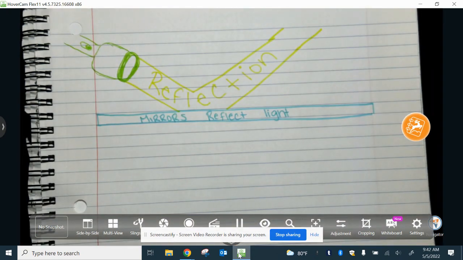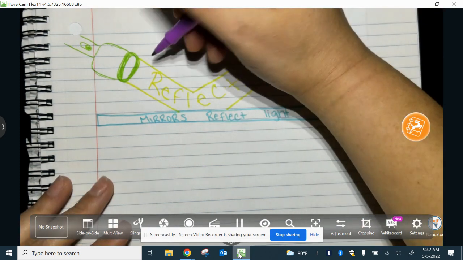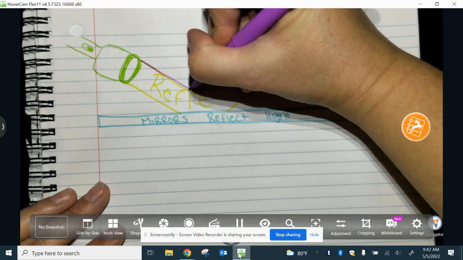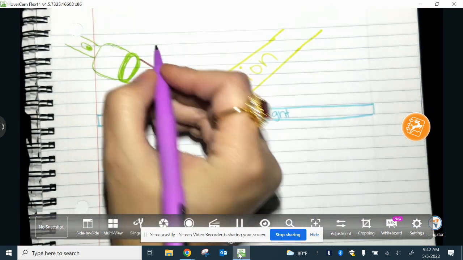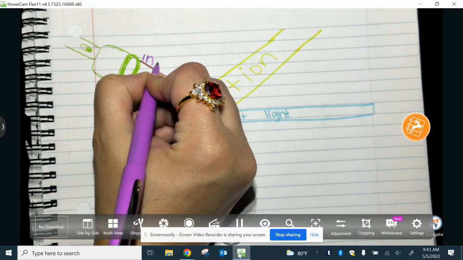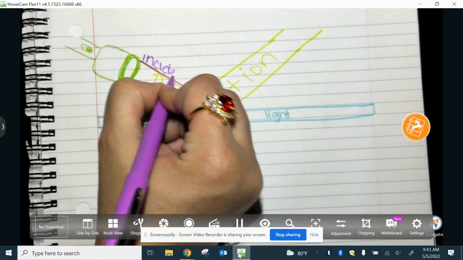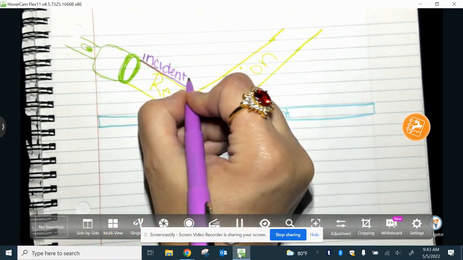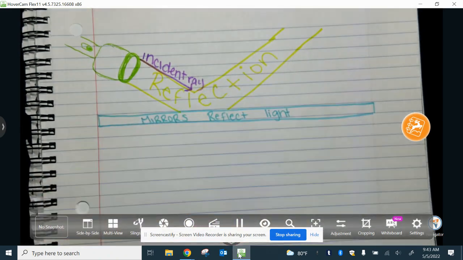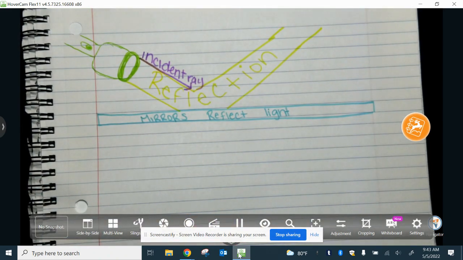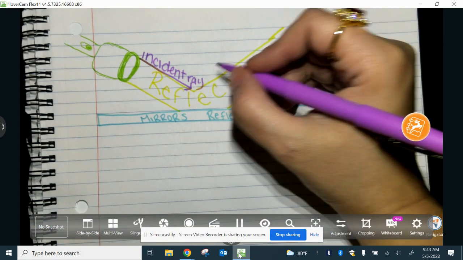On my lights. Because remember, light exists as rays. So what we would call this ray right here, leaving the source, is called an incident ray. And don't get hung up here on the vocab because it's going to be really confusing.